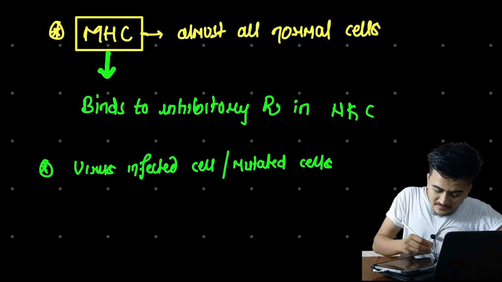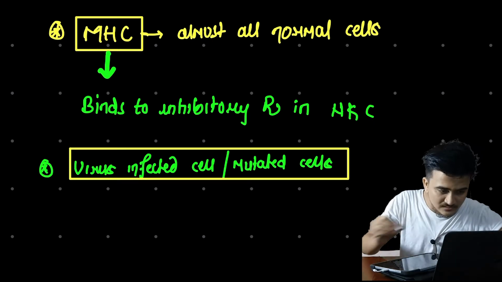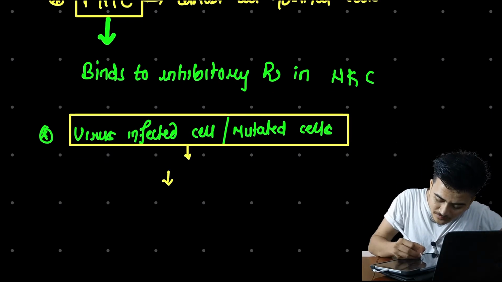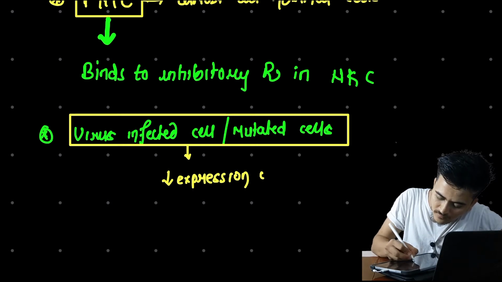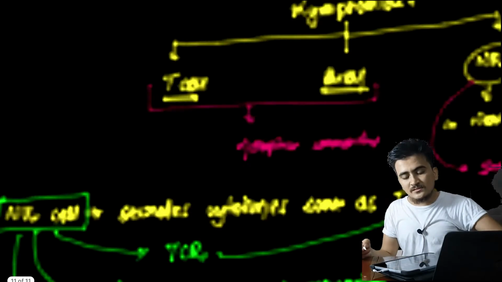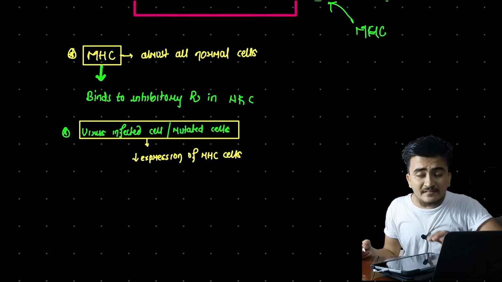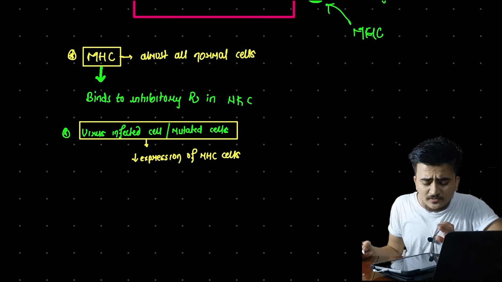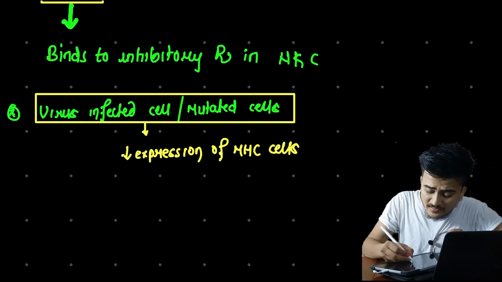In these cells there is less expression of MHC. That means we will find MHC in less amount.